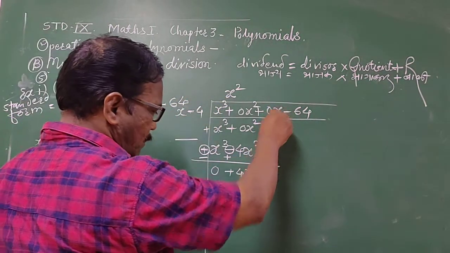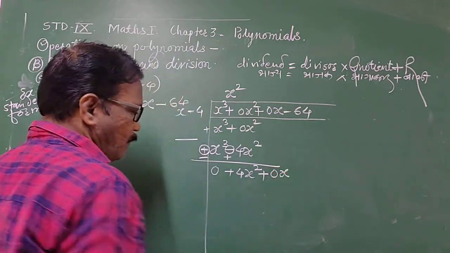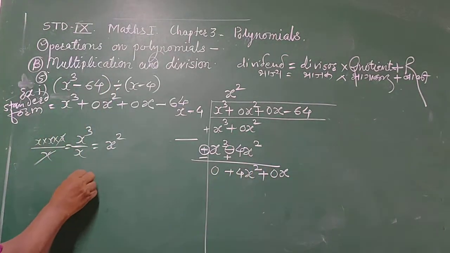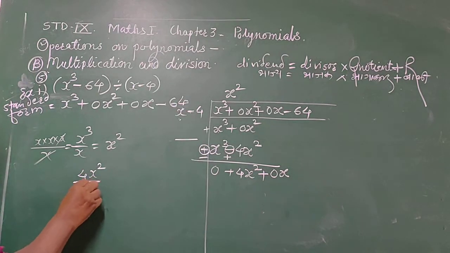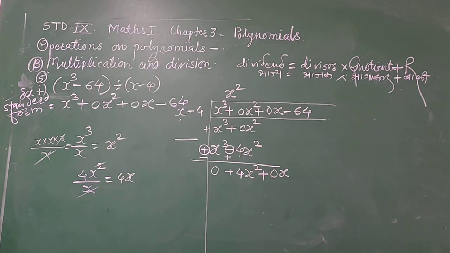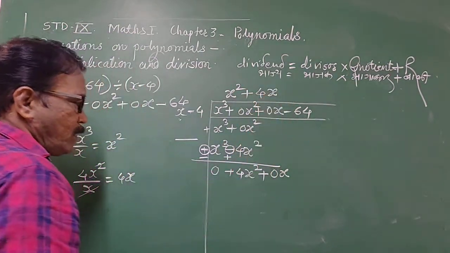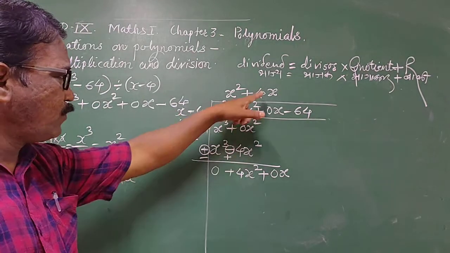Then take another step, 0x. Then also 4x square divided by this x. So x and x are gone, we get the quotient 4x. Write this at the top. 4x is the quotient. 4x square divided by x, we get 4x.